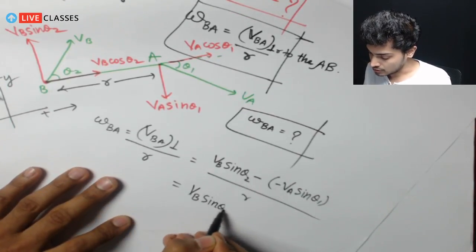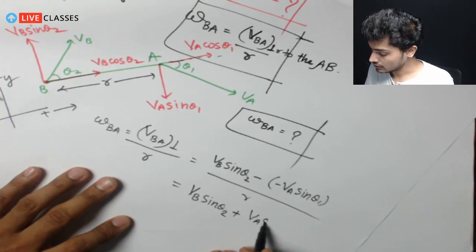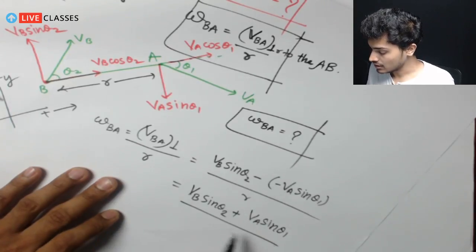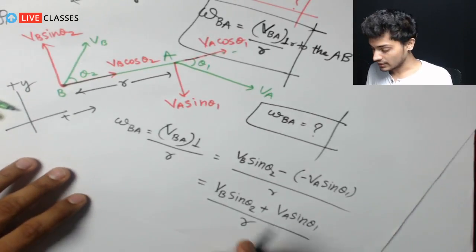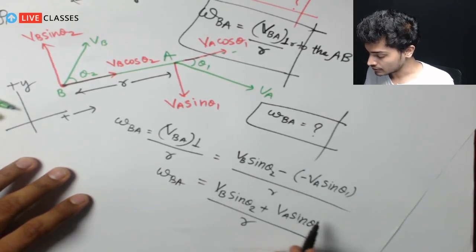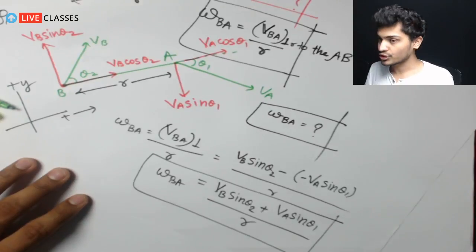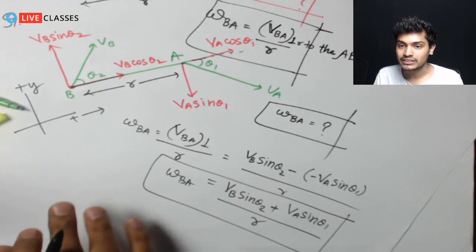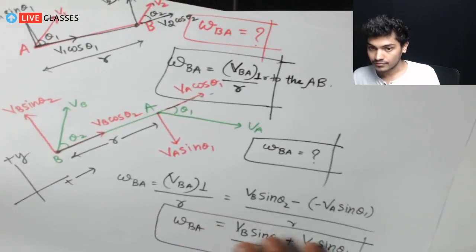So omega BA is VB sin theta 2 plus VA sin theta 1 by R. In this way we can find the relative angular velocity. So this is the simple procedure which we have to follow in order to solve this kind of question, right?